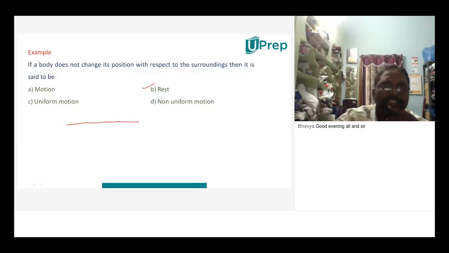Suppose one car is moving from this point to this point, and it changed its position from here to here in 3 minutes.